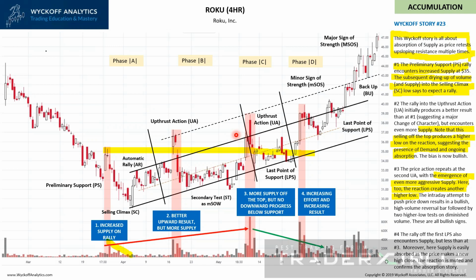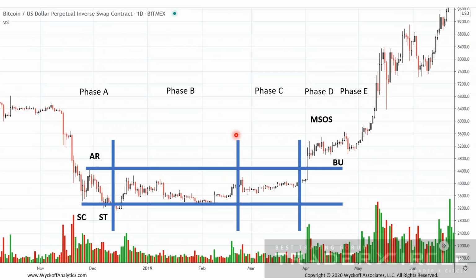Now let's come back to Bitcoin. Here is our round structure. So you can label this like a classical accumulation: selling climax, automatic rally, and so on. But let's forget labeling for a bit and just focus on price and volume.